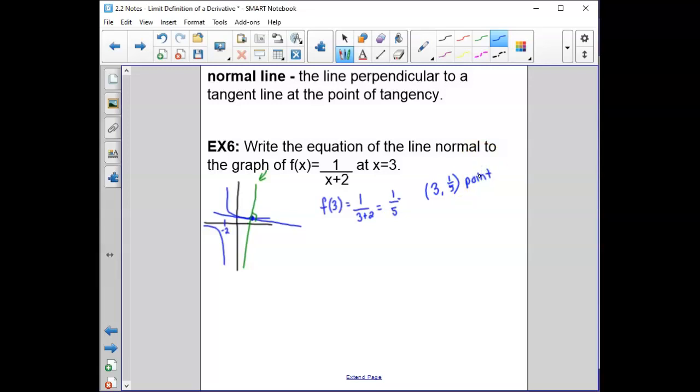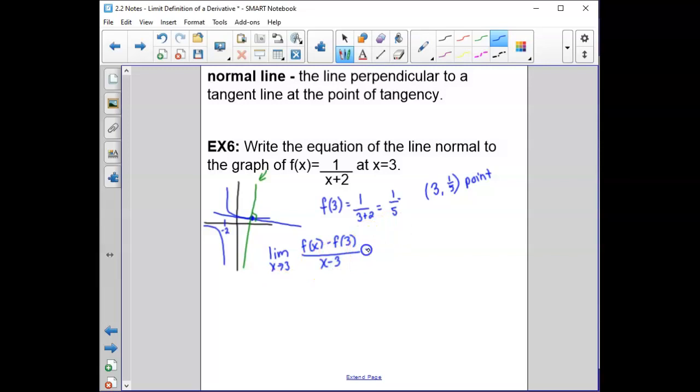Now we have to look at our derivative, and again we could use either one of our derivatives. We could use the one with the x plus h, or we could use the limit definition at a point. I'm going to use the limit definition at a point on this one. So we're going to have the limit as x approaches 3 of f of x minus f of 3 over x minus 3.